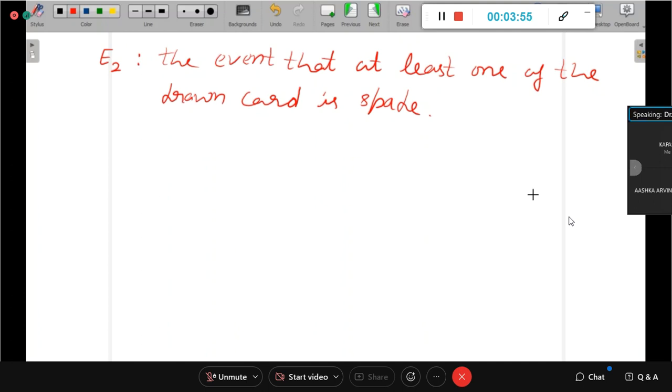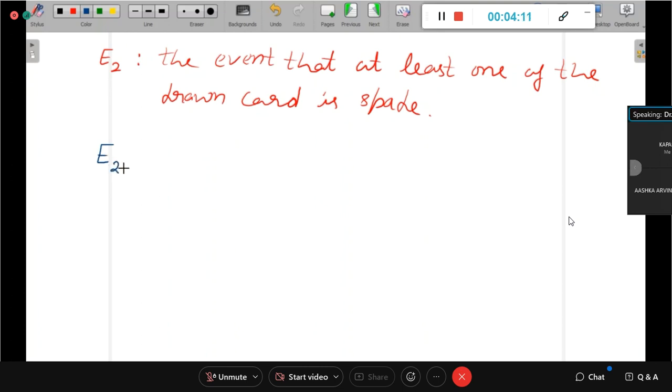At least one of the drawn cards is a spade means possibly one drawn card is a spade, 2 drawn cards are spades, 3, 4, or 5. The total number of cases is 5.